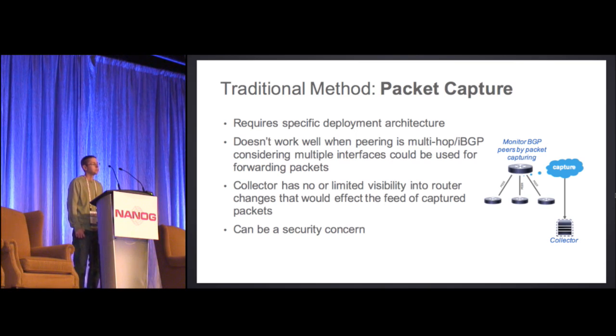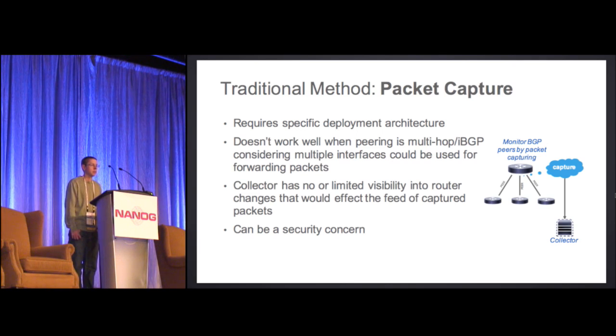So if it's multi-hop or iBGP and the session traverses multiple interfaces, the collector has to reassemble those potentially multiple packet capturing feeds in order to determine the sequence of the data. And potentially it could have to do reassembly as well, which makes the collector more complex and harder to implement.